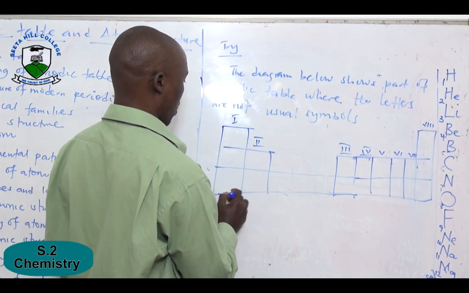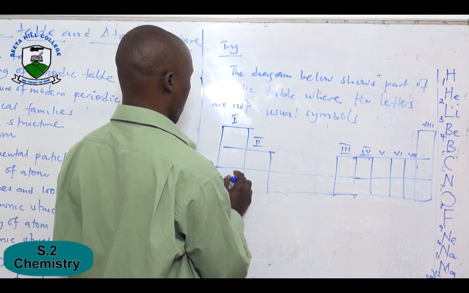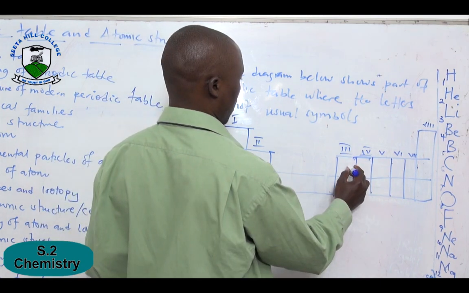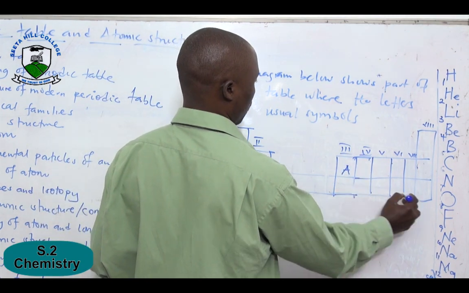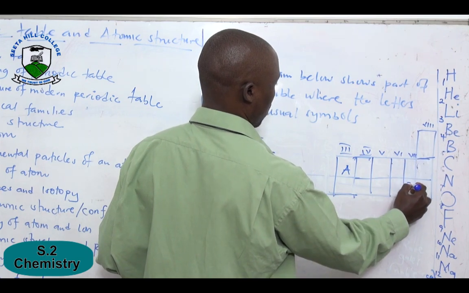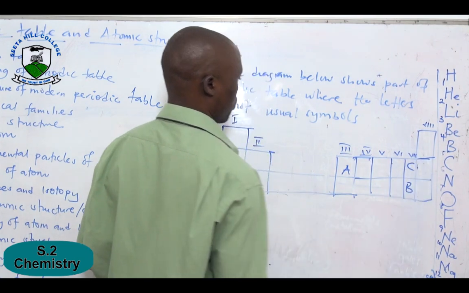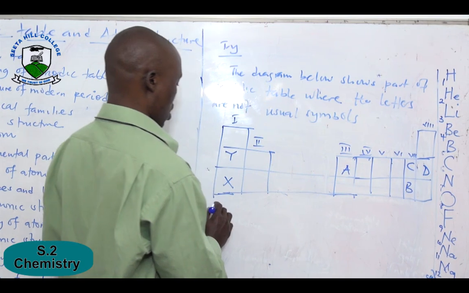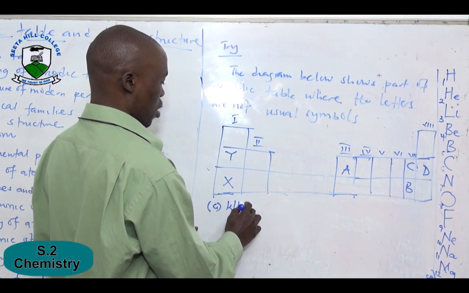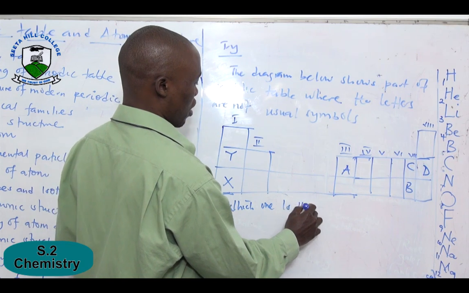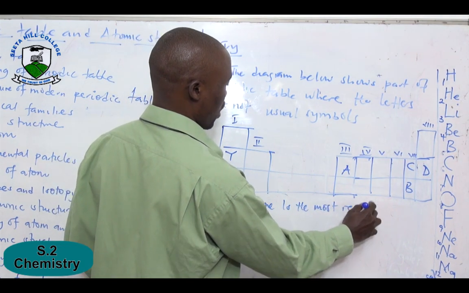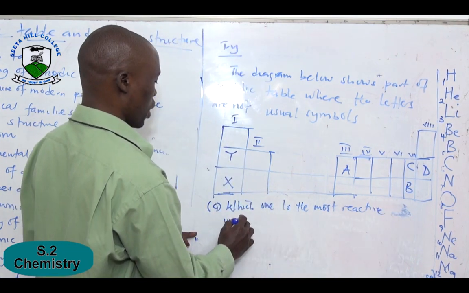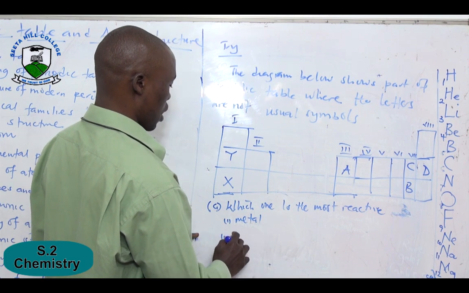Here we have X and Y, and then A, B, and C. Which one is the most reactive metal? Most reactive metal. Non-metal.